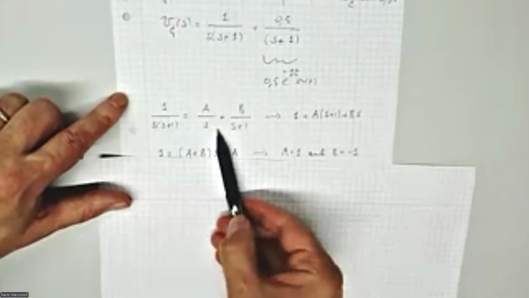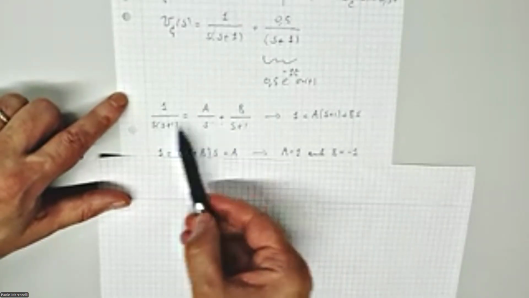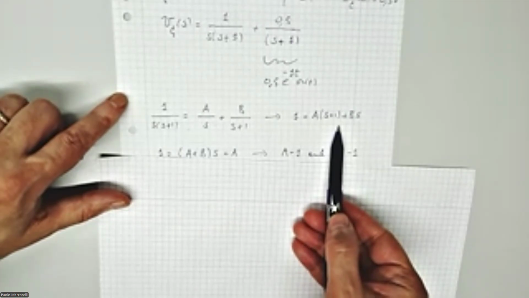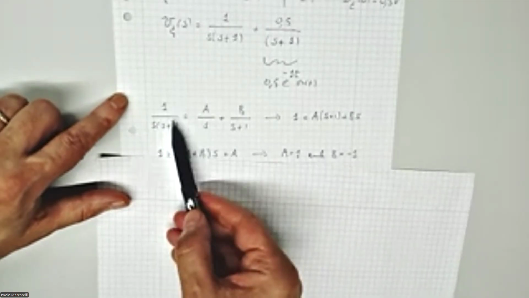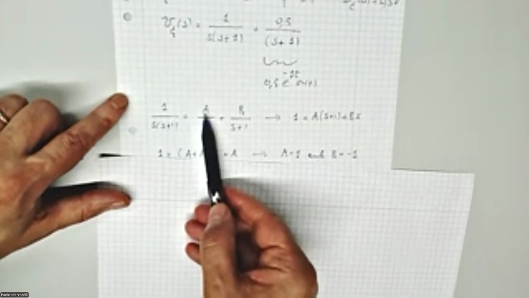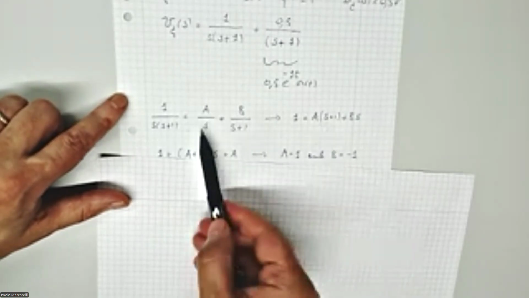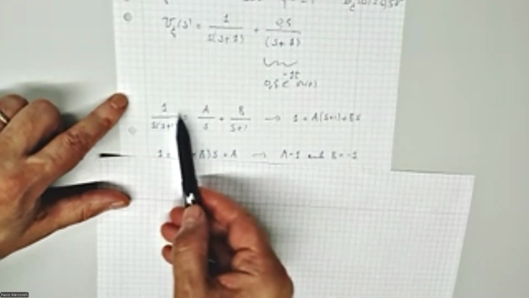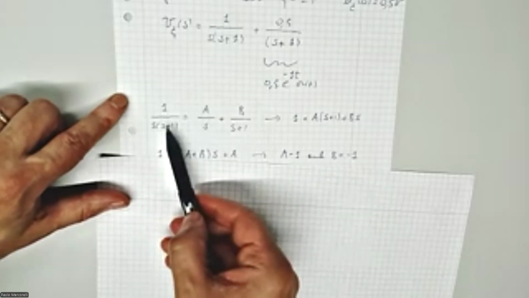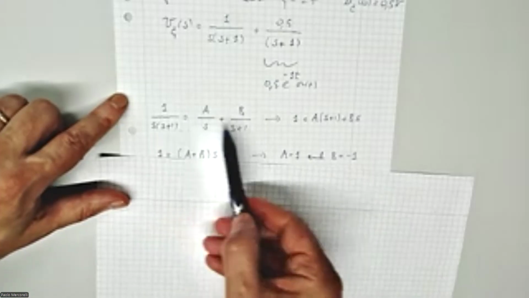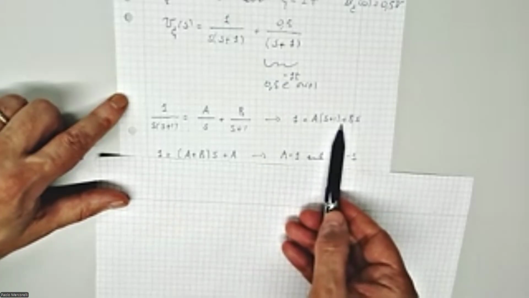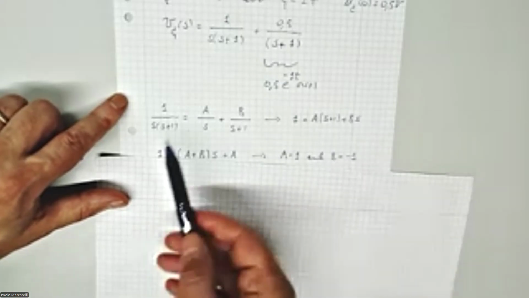Let me assume this. This expression is equivalent to this because I can multiply left and right by this. Therefore, I have here A multiplied by S plus 1, because S and S I can cancel. Again, I multiply left and right by S multiplied by parenthesis S plus 1. I will have A multiplied by S plus 1 plus B multiplied by S. Try to do it at home.